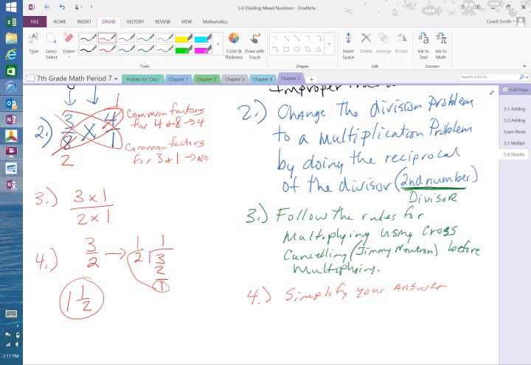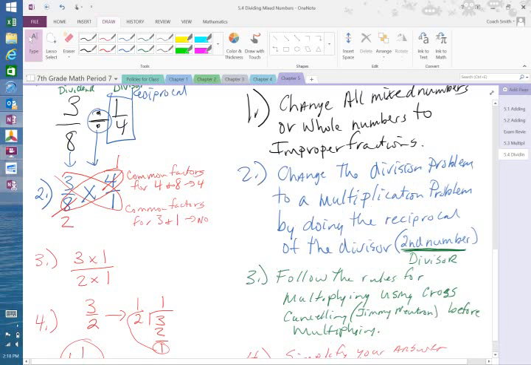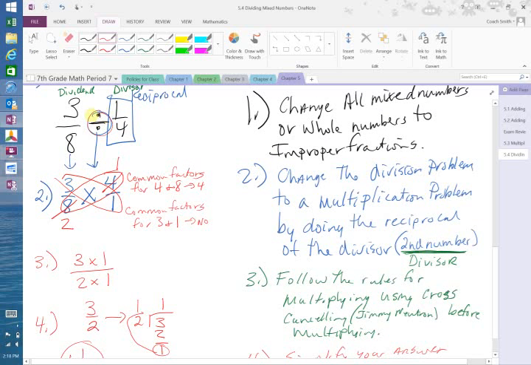Any questions on that one? Before I do another example. Change this right here to multiplication because I did the reciprocal of the second number.